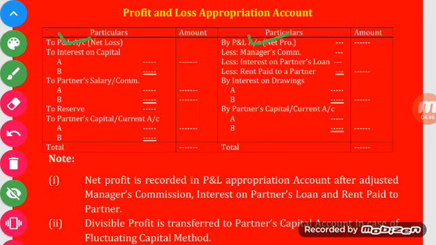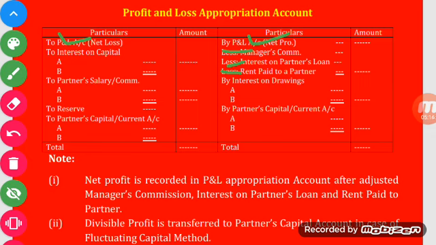The point to be noted here, these are three points: manager's commission, interest on partner's loan, and rent paid to the partner. These are three important points. If manager's commission, interest on partner's loan, and rent paid to the partner are given in the question, they will be deducted from net profit, because these are charged against profit, not appropriation of profit.